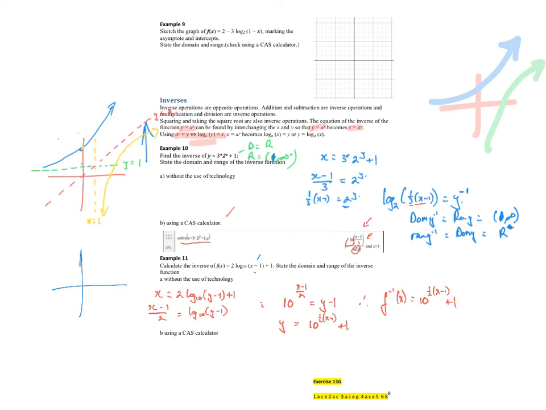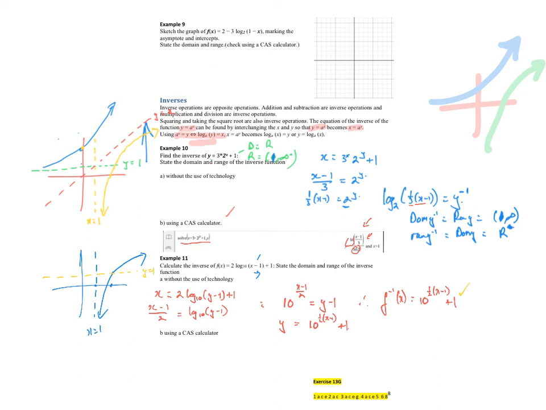Domain and range: we've considered the domain and range of the original graph. That's a log graph shifted across 1 unit, so there's my asymptote now at x equal to 1. The x-intercept was there, but now it's been moved up 1 unit, so it's there. So the graph might look a little bit like that. My inverse function, instead of the x-intercept being at x equal to 1, is now at the point y equals 1, which makes sense.